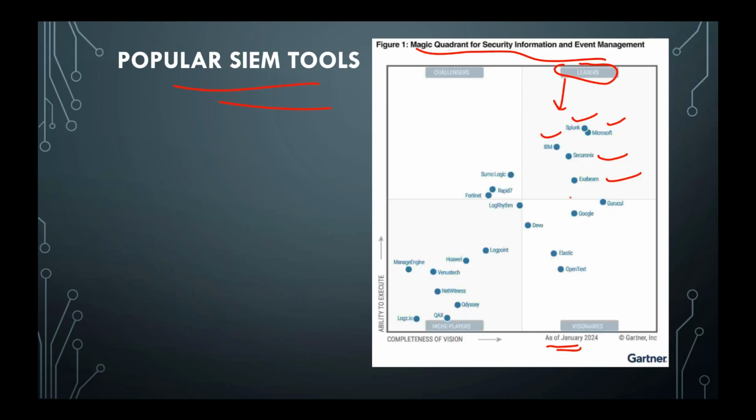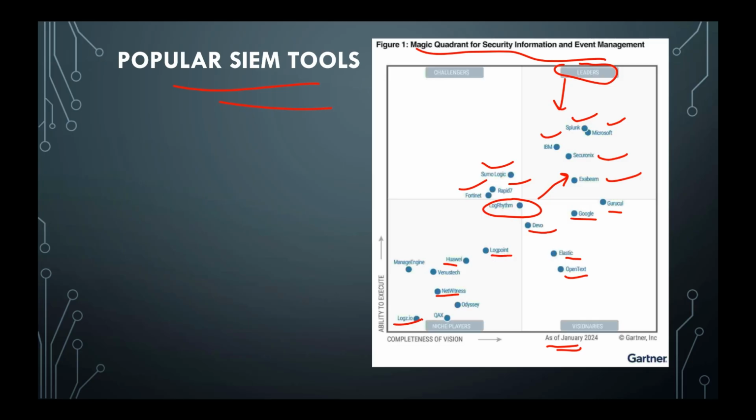And also we have some visionaries like Google, Gurucul, Elastic, OpenText, Devo, and niche players like LogRhythm. LogRhythm is now part of Exabeam. Also we have some challenger players here, like Sumo Logic, Rapid7, Fortinet. Also there are some niche players like NetWitness, Huawei, Logpoint, etc.